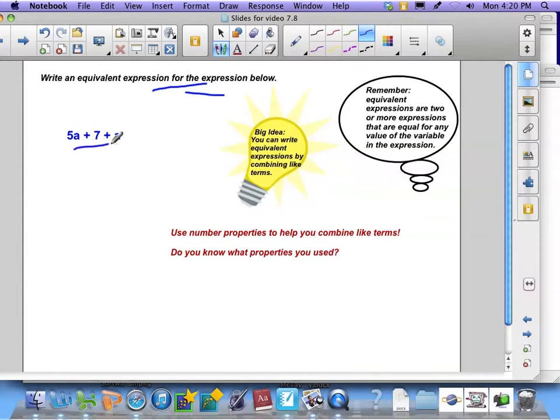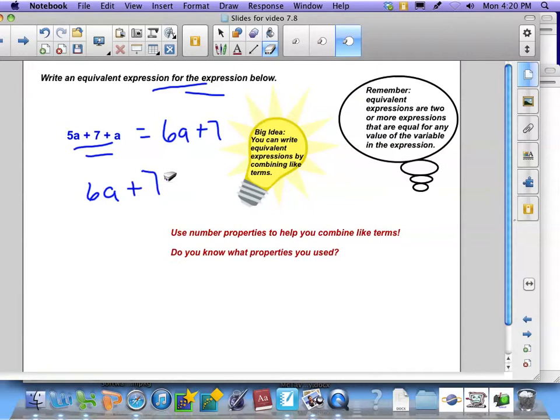We have 5a plus 7 plus a. I know that 5a and a give me 6a plus 7. So that's an equivalent expression: 5a plus 7 plus a is the same as 6a plus 7.